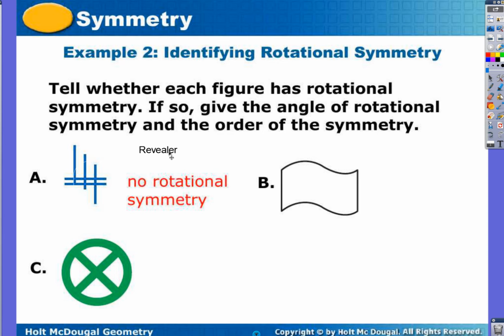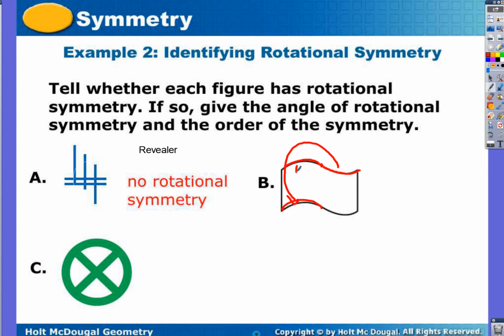How about B? Yes, because the circles never change. Okay, I wish I could manipulate the image here. But if I were to turn this 90 degrees counterclockwise, would it look the same? No, because now the flag would be facing up. But if you look really closely, if I rotate it half a turn, this little concavity would now come here, which is still concave.